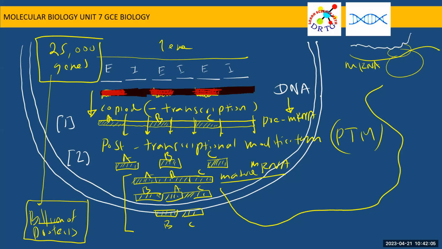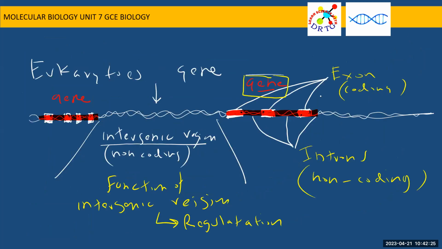That's the gene expression and protein synthesis. The whole process of copying gene into the mRNA and making proteins at the ribosome is called gene expression and protein synthesis.